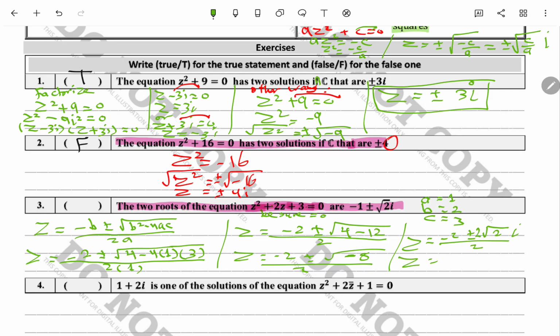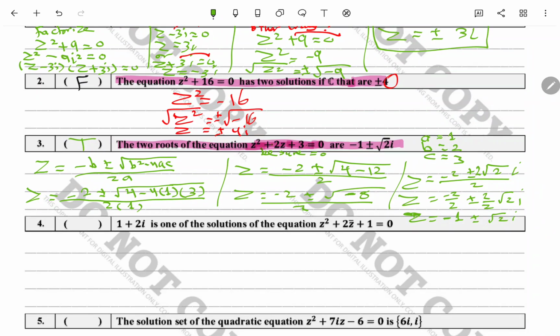Now you can split negative 2 here and there to simplify your work, to get z equals negative 1 plus and minus root of 2i, which is the same as his solution. So that will make it true.